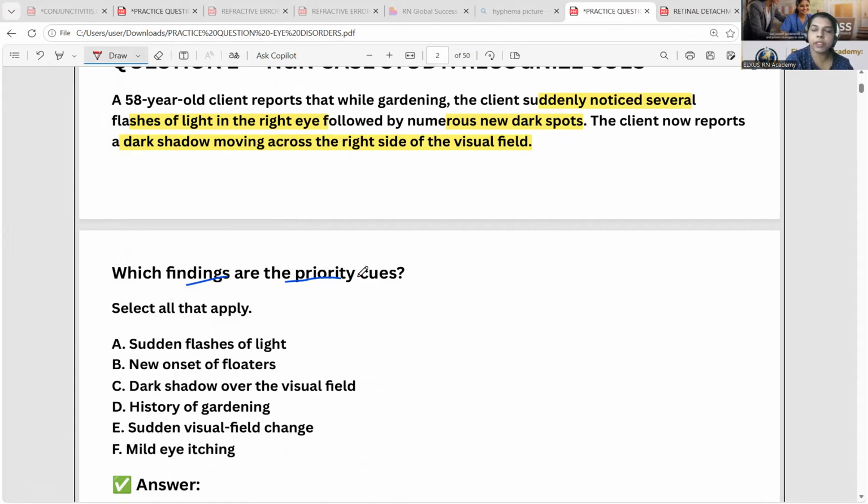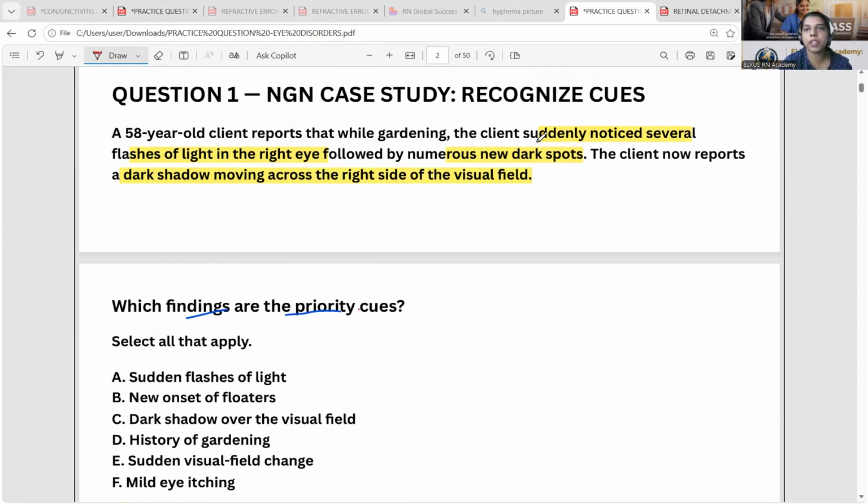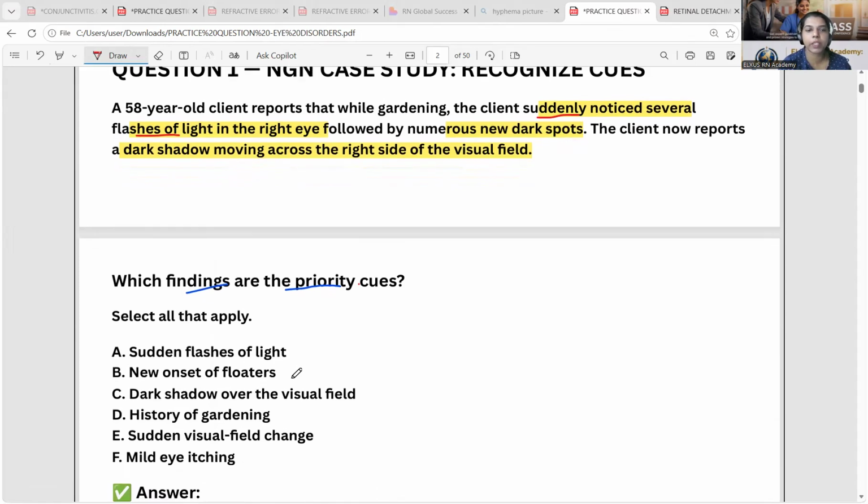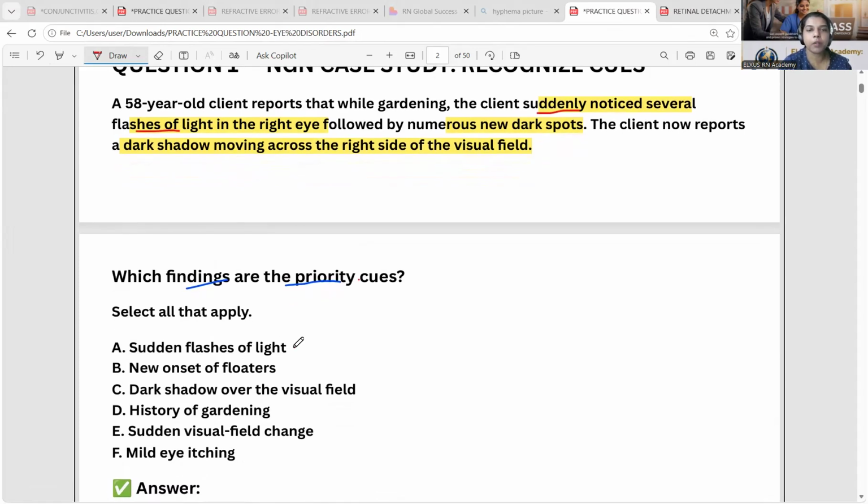Not only in this case, in any question, if the scenario is saying sudden onset of symptoms, newly onset symptoms, or sudden loss of consciousness, anything that means an unexpected situation is coming, that can be our priority concern. In this scenario it is written that suddenly the client noticed several flashes of light. So the flashes of light is a priority concern here, and we can mark option A.